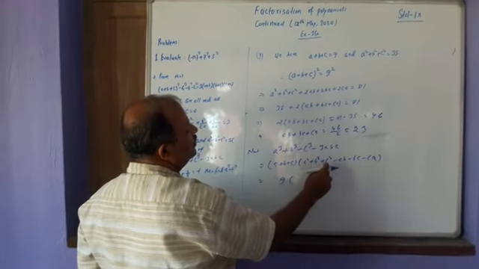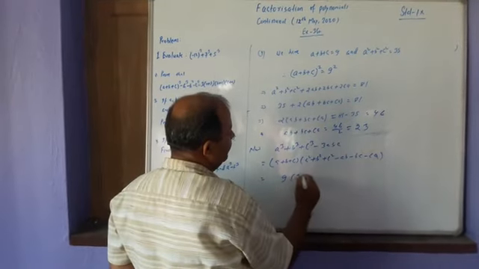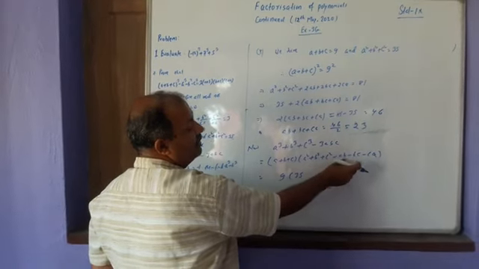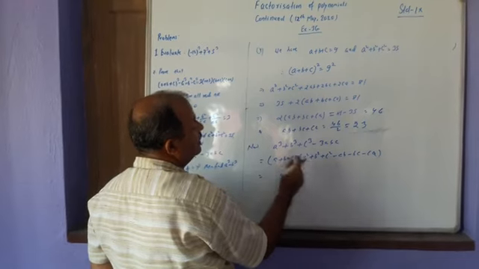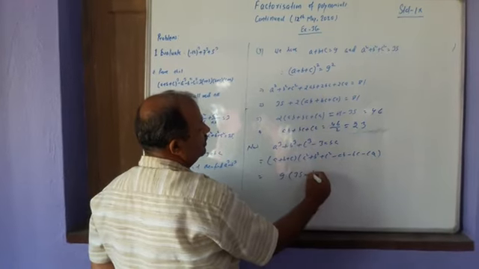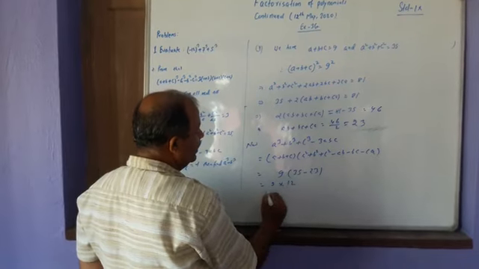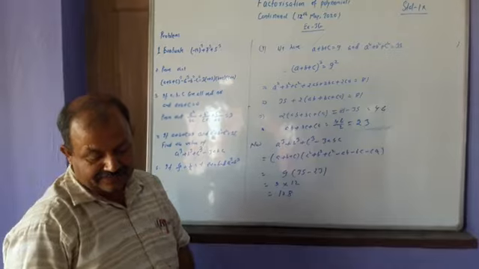A square plus B square plus C square is equal to 35. When we take minus as common, we will have minus of AB plus BC plus CA, which is equal to 23. And 9 into 12, it will give 108. This is your answer.